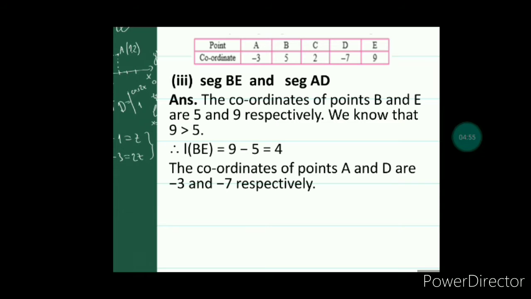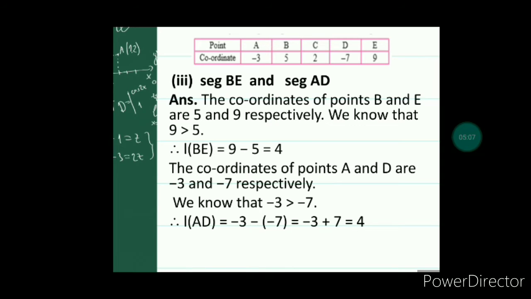The coordinates of points A and D are -3 and -7 respectively. We know that -3 is greater than -7. Therefore, length of AD is equal to -3 minus in bracket -7, is equal to -3 plus 7, equal to 4. Since length of BE is equal to length of AD, seg BE is congruent to seg AD.